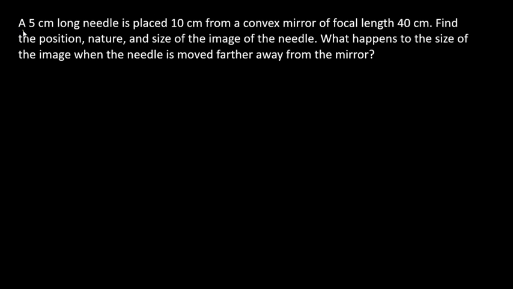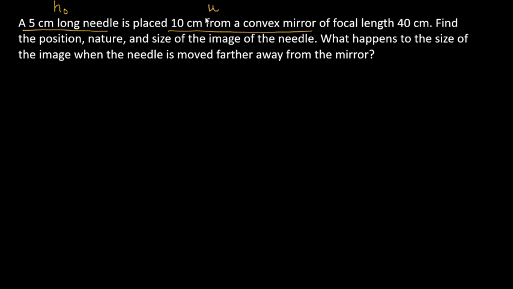A 5 centimeter long needle means that it is the height of the object, so you can put object height. Then it is placed 10 centimeter from a convex mirror, so 10 centimeter from a convex mirror means this is the object distance.